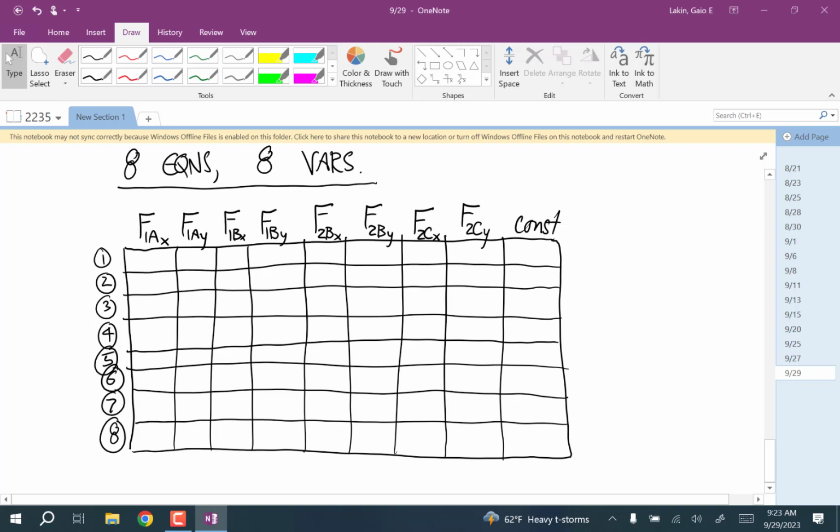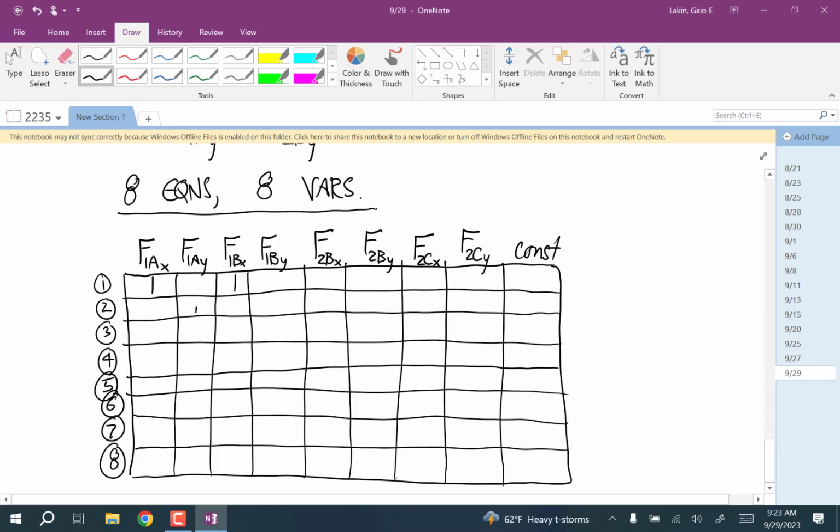So, okay, what does this first one look like? F1AX has a 1, F1BX has a 1, everything else is zeros. Then F1AY and F1BY have 1s, and the constant is 196.2.